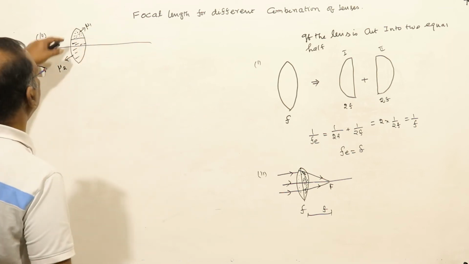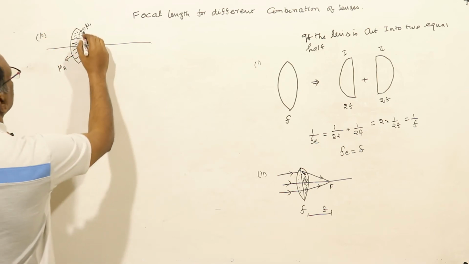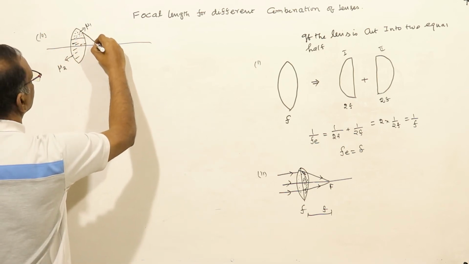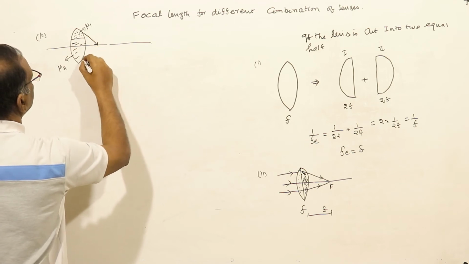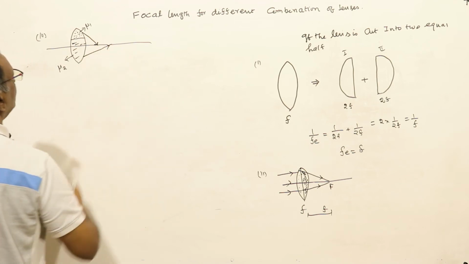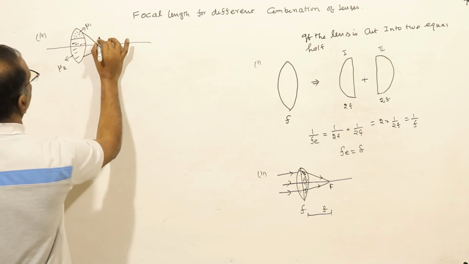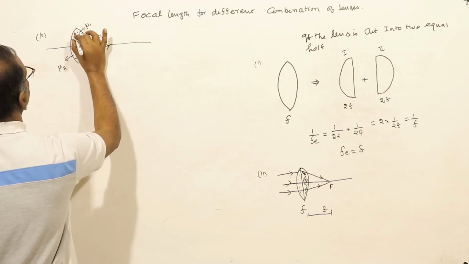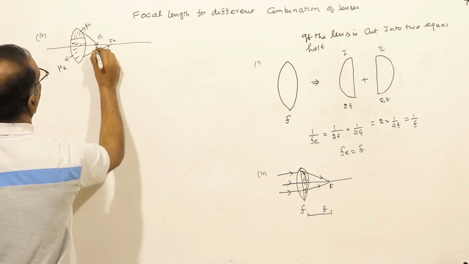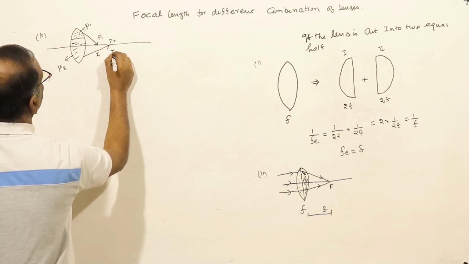Since it is a converging lens, this will converge here and this will converge here. Both have the same action, but their foci are different. This is lens 1, this is lens 2, and this is image 1, this is image 2.